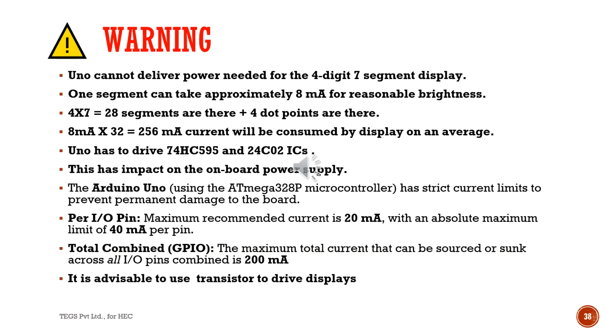The maximum current that can be drawn per IO pin is 20 milliamperes, and the absolute maximum is 40 milliamperes per pin. The total combination of all GPIO pins, the maximum current that can be sourced or sunk across all the GPIO pins combined, is 200 milliamperes. It is advisable to use a transistor to drive the display.